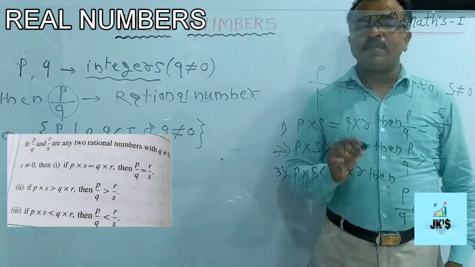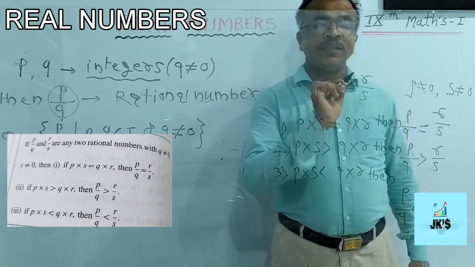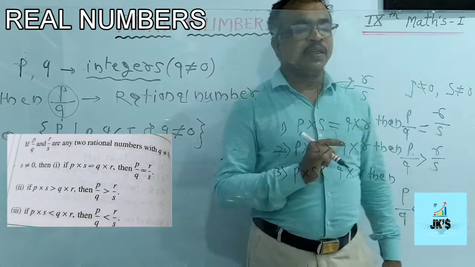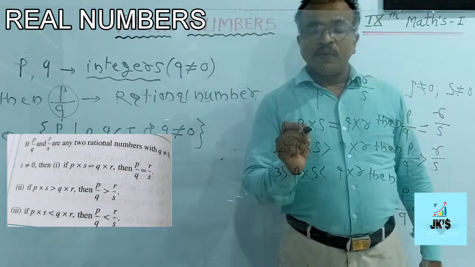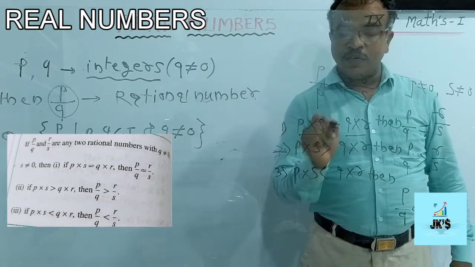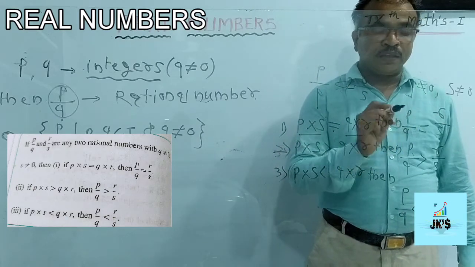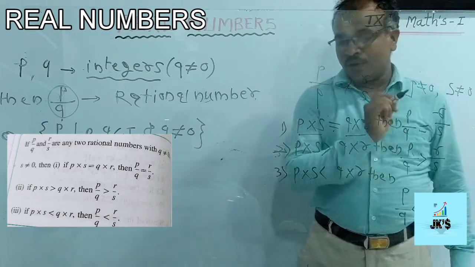Means we have to multiply them. The cross multiplication is taken. P into s is the first multiplication, and q into r is the second multiplication. If both are equal, then the two rational numbers p upon q and r upon s are equal.